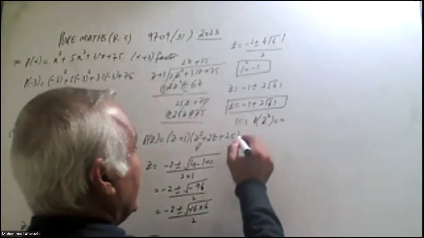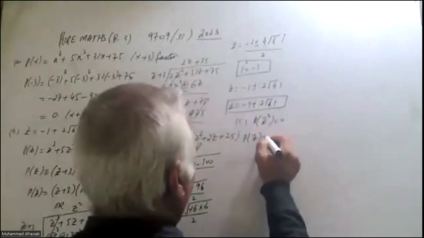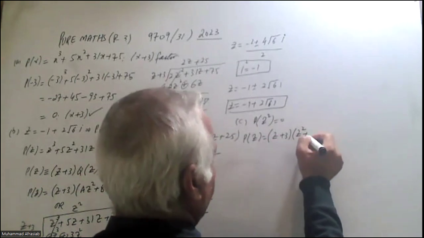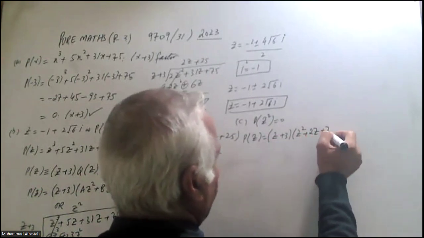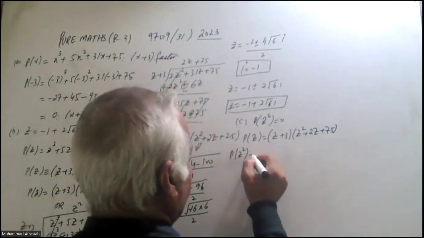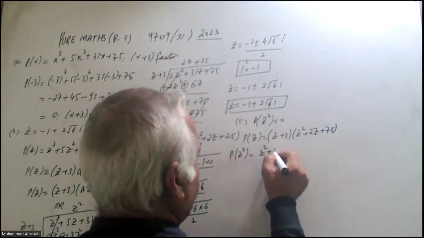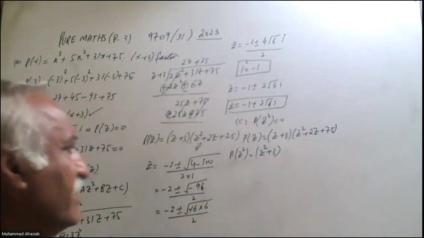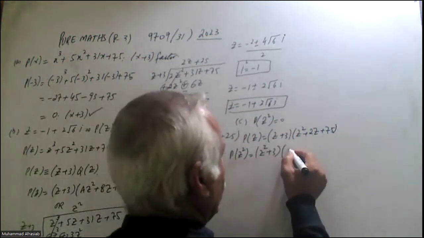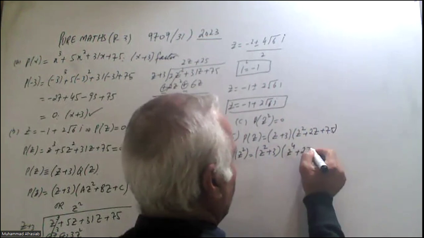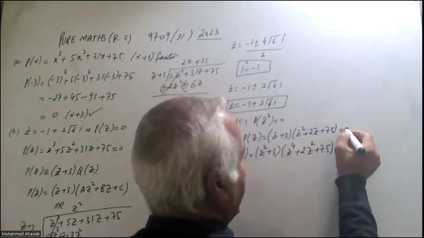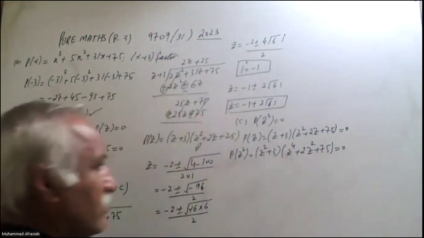Since the polynomial of z is equal to z plus 3 into z squared plus 2z plus 25, the polynomial of z squared is z squared plus 3 into z to the fourth plus 2z squared plus 25. We replace z everywhere by z squared, and this is equal to 0.